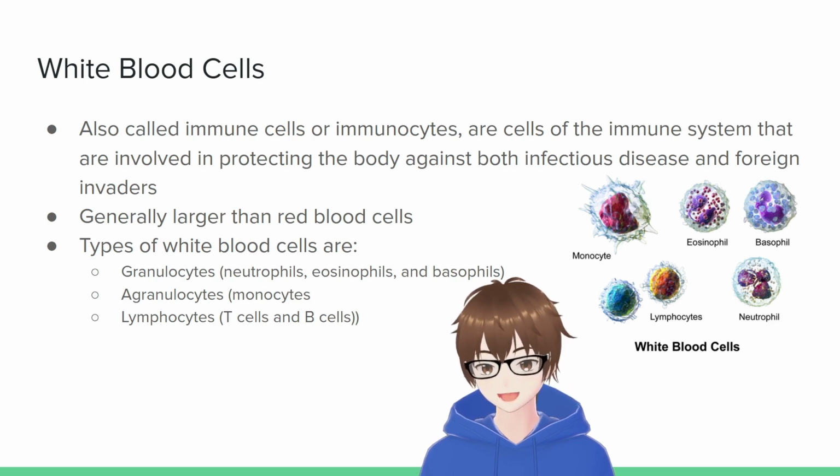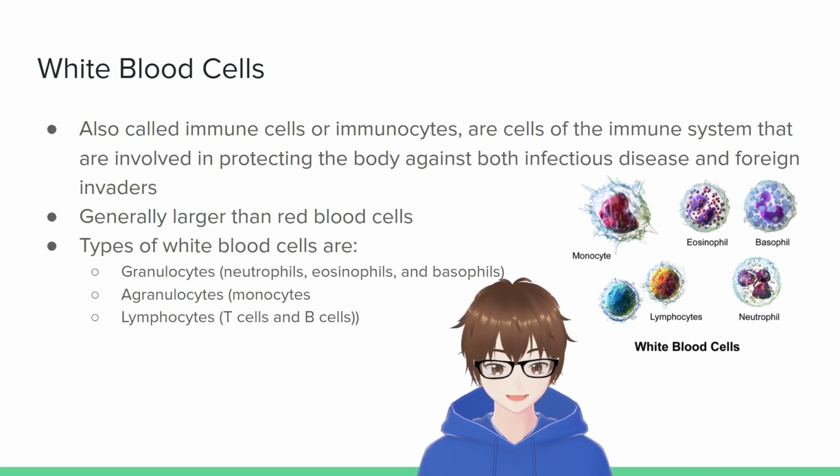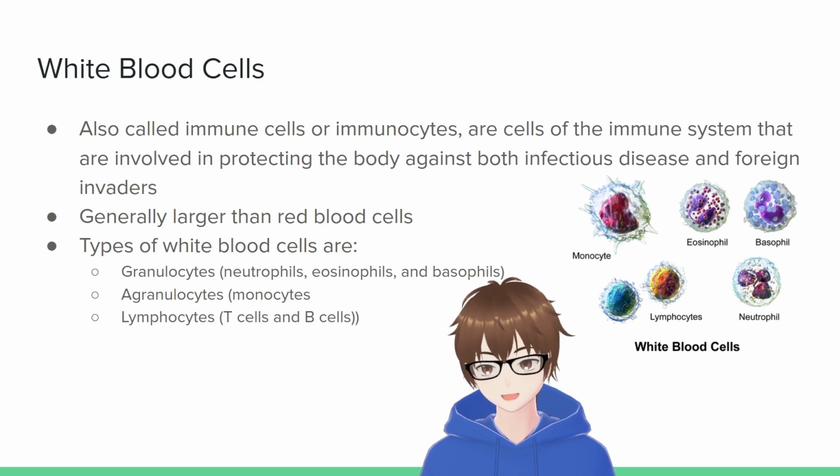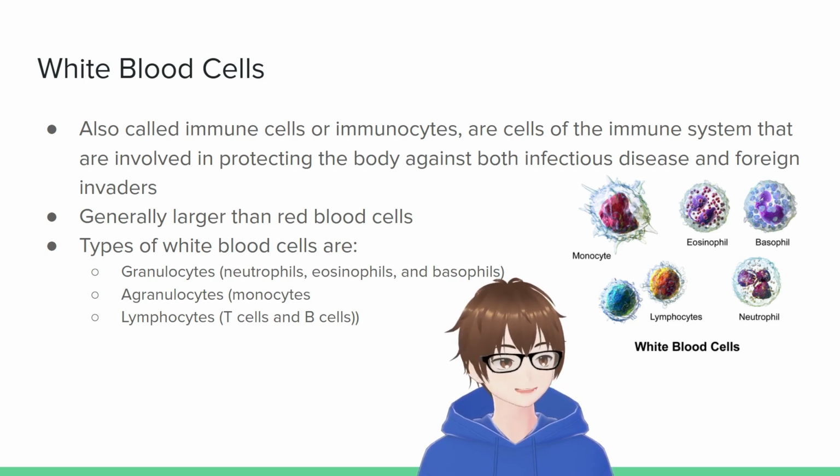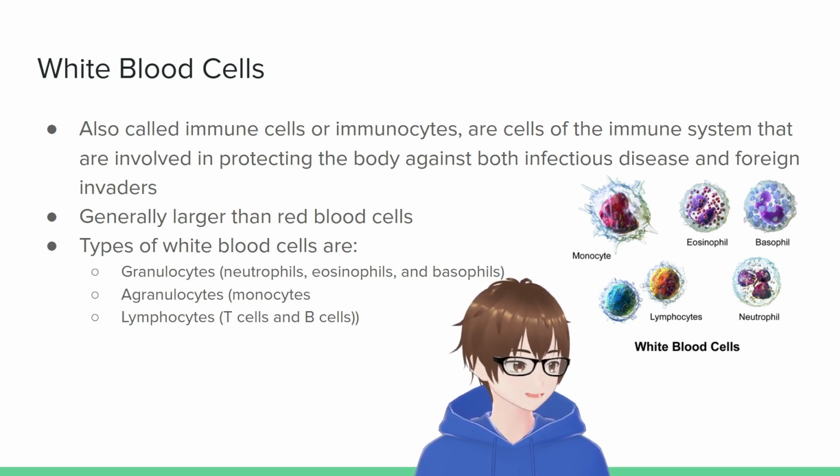Then we have lymphocytes, which are T cells and B cells, which we're not going to go into exactly what those are, but these are the different white blood cells. And you can see how big they are, because monocytes are quite big. Eosinophils, basophils, and neutrophils, they are quite big. But then the lymphocytes are somewhat smaller, at least from this picture.